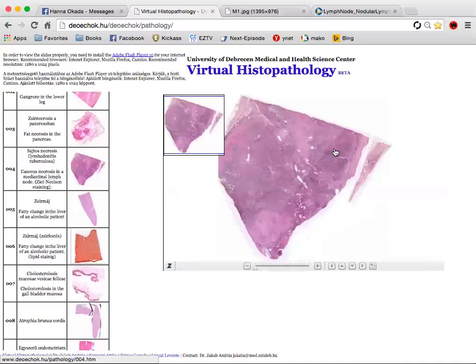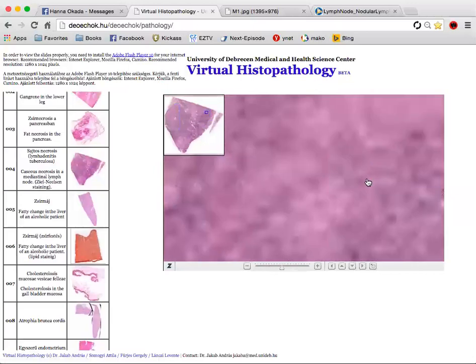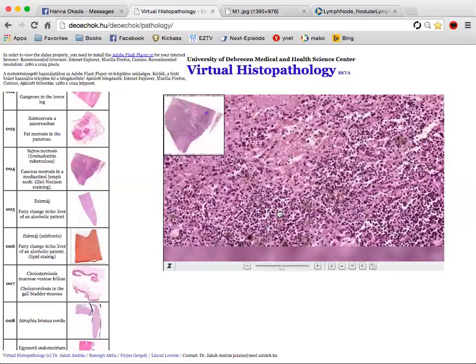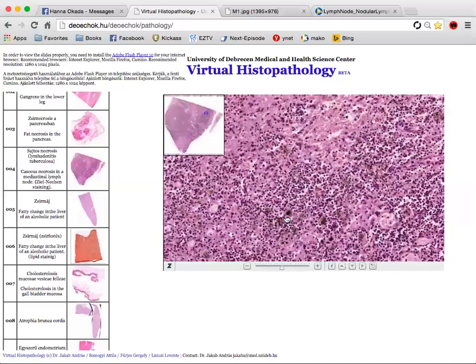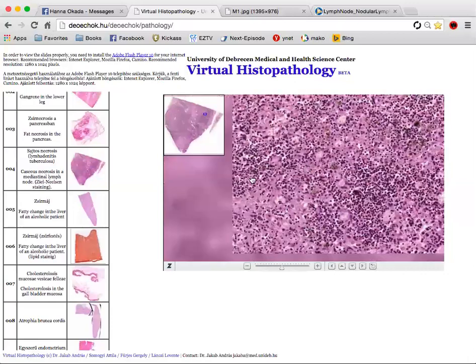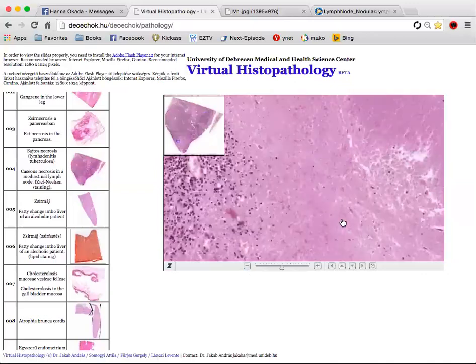Here, I think there was some hematoxylin added, because you can see all of this nuclear staining. These are all immune cells. But what you're probably going to get in your exam is something like this.